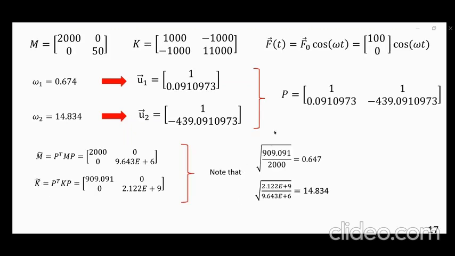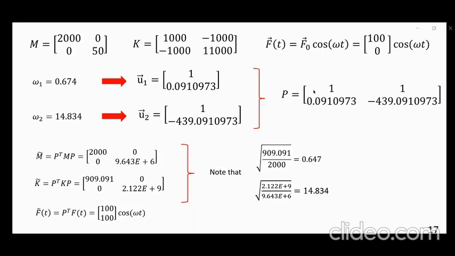Once again, I remind you what I told you before. If you take the square root of K over M, you get the first natural frequency. If you take the square root of this K over this M, because this is for the second equation, you get the second natural frequency. As far as the F tilde is concerned, we have no choice: we just pre-multiply by P transpose and see what we get.